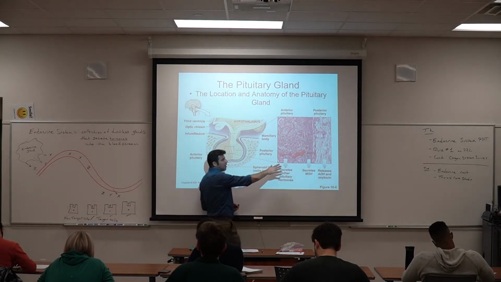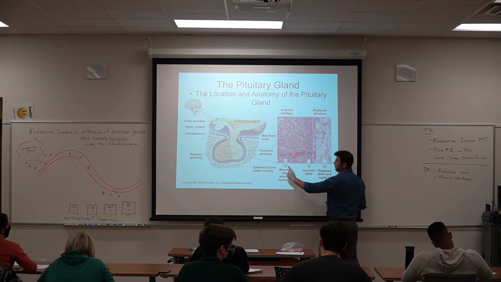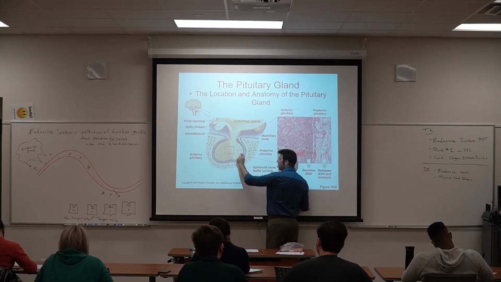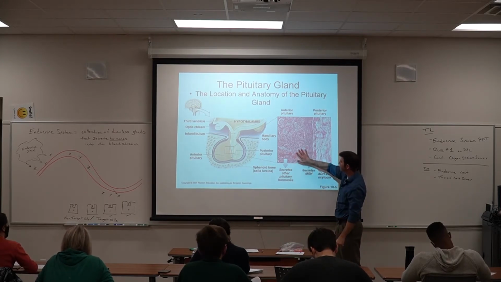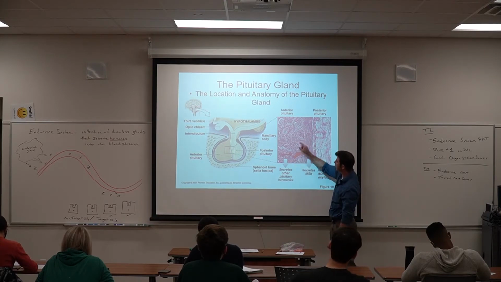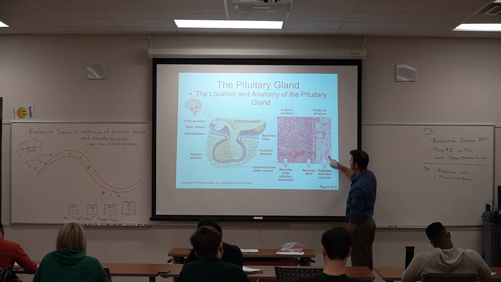Even right here, you can see, this is a cross section through this little connecting bit of tissue between anterior and posterior pituitary gland. And you can even from a distance see that this collection of cells in the anterior pituitary gland are a little bit larger cells than the ones back here in the posterior pituitary gland.